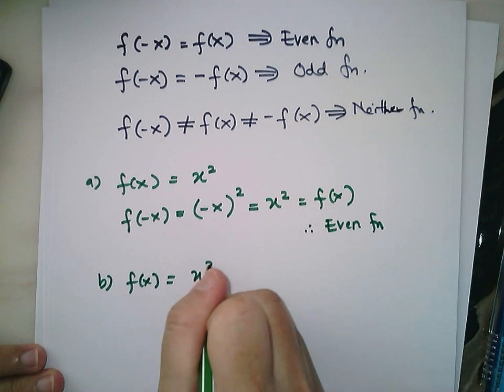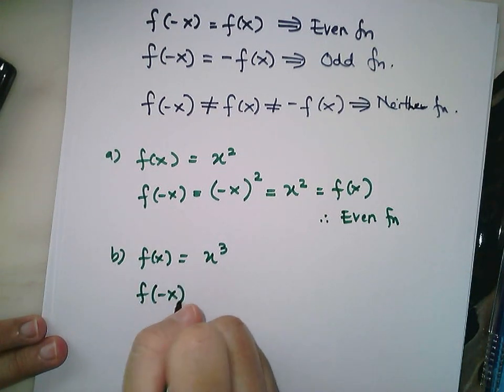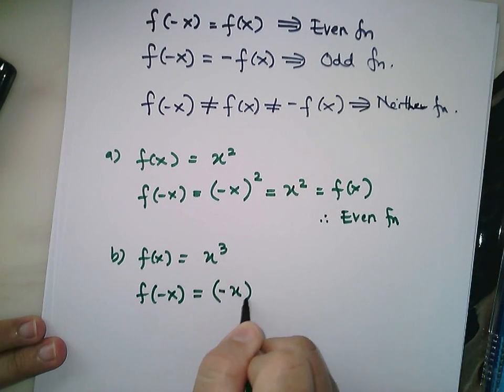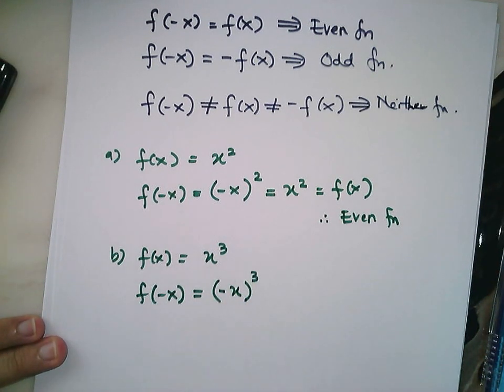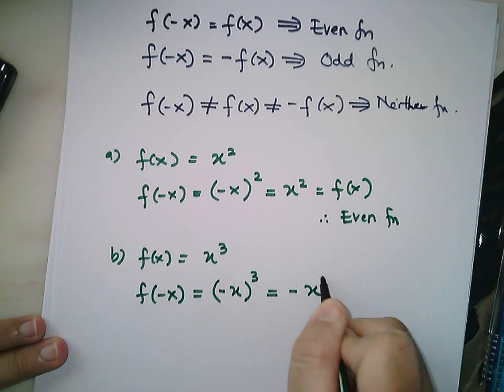x cubed. Okay, so f of negative x is equals to, now you have x, so replace by negative x, so the whole thing cube. So this one will give you negative x cubed.